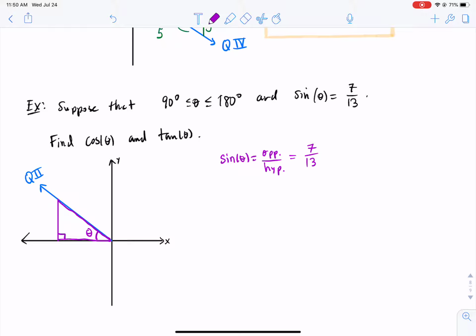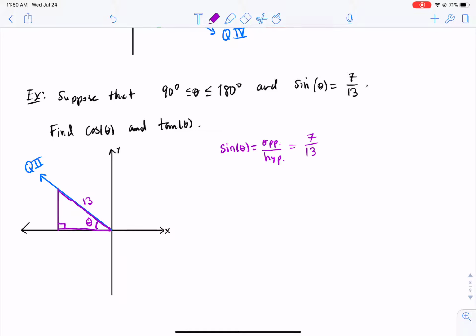The hypotenuse of this triangle is 13, right? And we never put a negative on the hypotenuse. What about 7? What is 7 going to be? The little height of the triangle, right? Is it positive or negative 7? Positive, because this is the y component of the point, and it is pointing upwards. It's positive anyway, right?